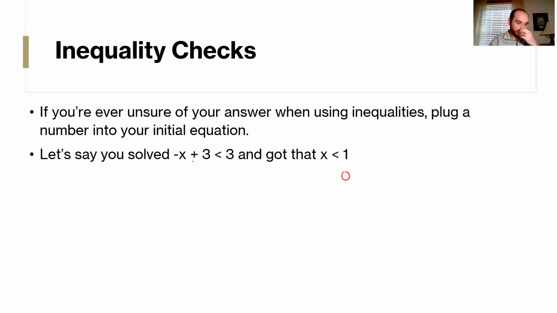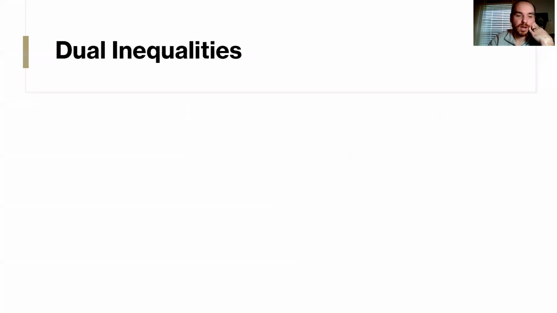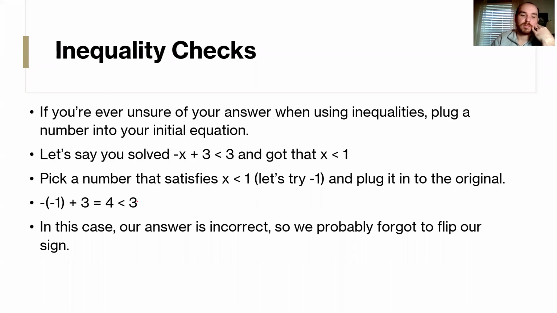Okay, in this case, let's try negative 1 instead. We get 1 plus 3, which is equal to 4, and 4 is not less than 3. So in this case, you probably forgot to flip your sign. So this should be x is greater than 1. Though it should be greater than 0, so I'm not sure why it's 1, but it doesn't really matter.